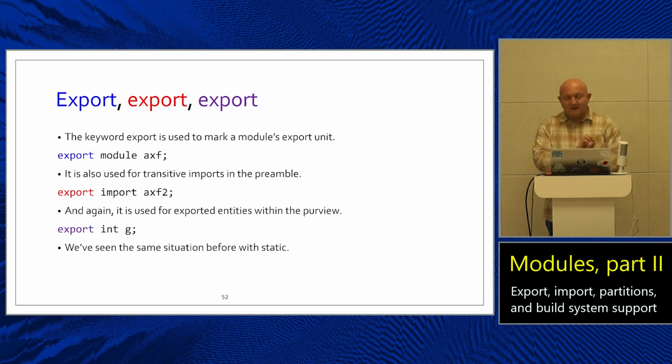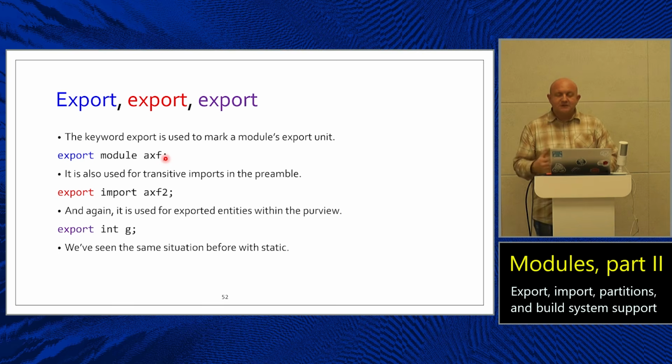But first, remember last time we had static of different colors. Today it's export, export, export. The keyword export shows up in three completely different contexts. I would say blue, red, and purple. First, it marks the exporting unit of a module: export module FX, except in this case.